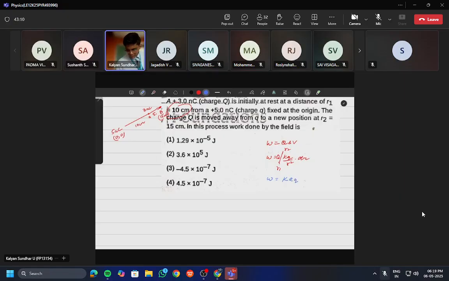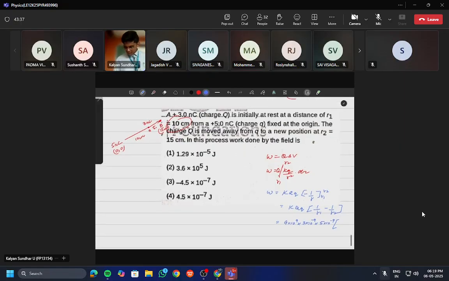Capital Q, small q, this will come as minus 1 by R. Integration R1 to R2 of K Q, 1 by R1 minus 1 by R2. So 9 into 10 to the power 9 into 3 into 10 to the power minus 9 into 5 into 10 to the power minus 9, and this will be of your 10 to 15 now.